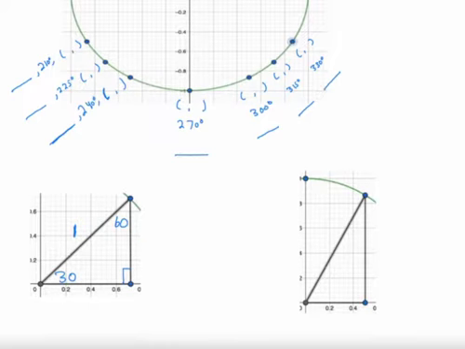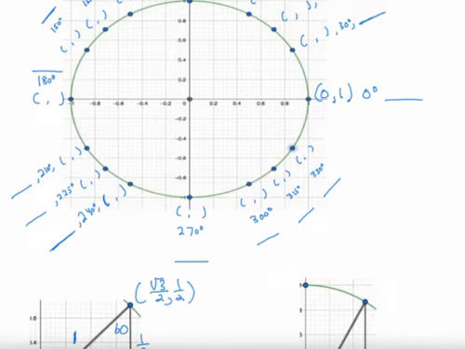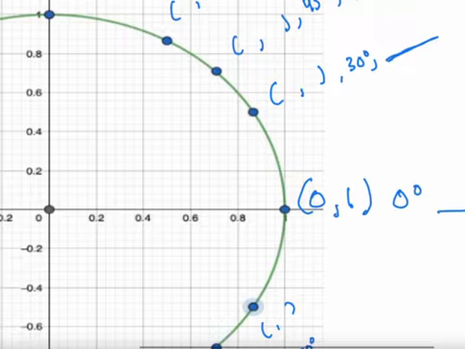The short side is half the hypotenuse, and I can take the short side and multiply it by the square root of 3, and that gives me the long side. So in these coordinates, x would be square root of 3 over 2, and y would be 1/2. So we can go ahead and fill that in: square root of 3 over 2 and 1/2.